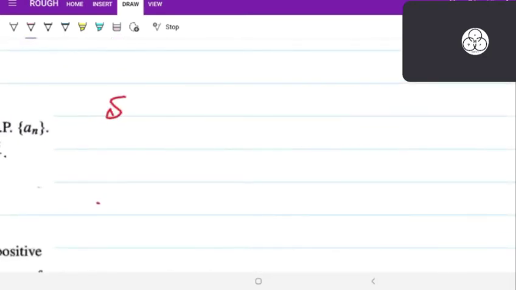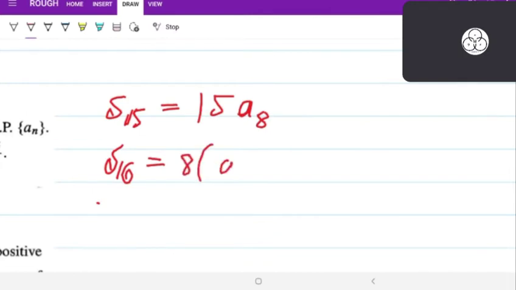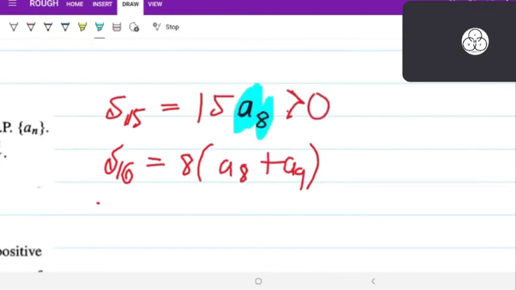S15 can be written as 15 times A8, and S16 can be written as 8 times A8 plus A9. Now S15 is greater than 0, as given in the question, which means A8 is greater than 0.